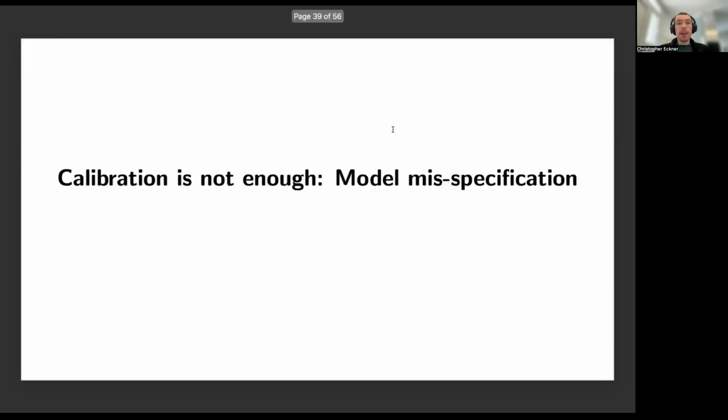Okay. Right. I think before we go to the next section, which is about model misspecification, I take your questions about diagnostic tools.